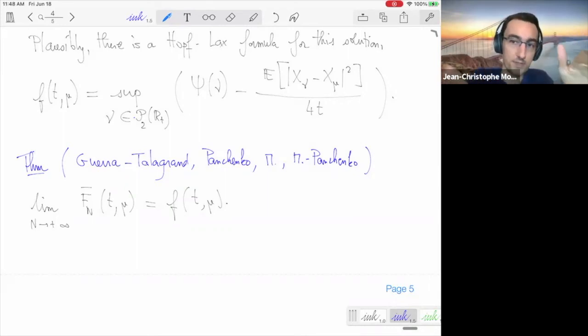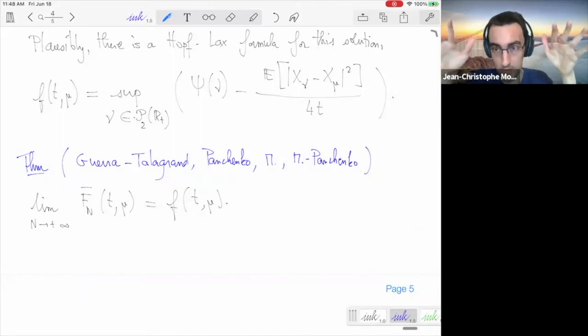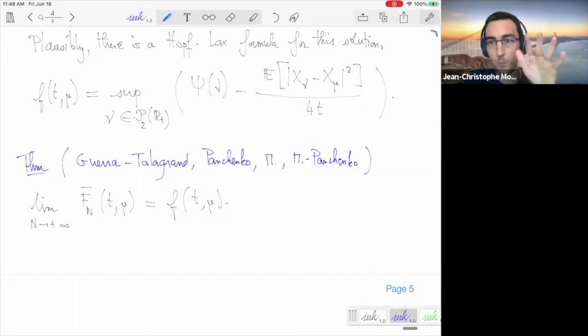But the way this thing is proved is not actually using the partial differential equation interpretation. It borrows from a previous work that was based on this variational formula, which up to a change of variables is the Parisi formula. So it's a nice sanity check for this thing.